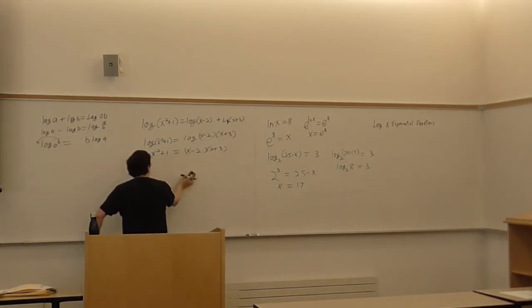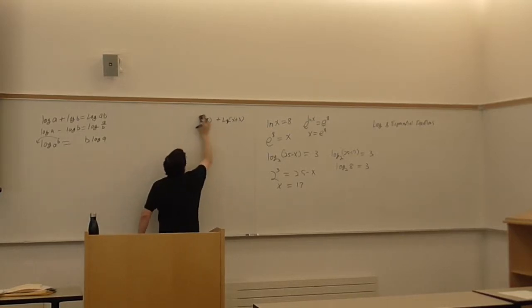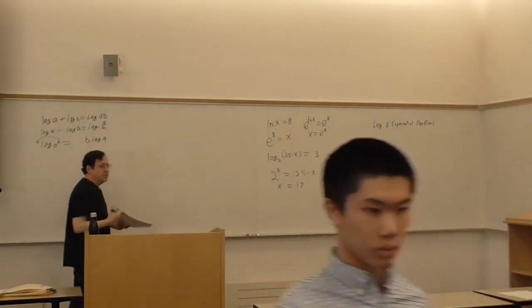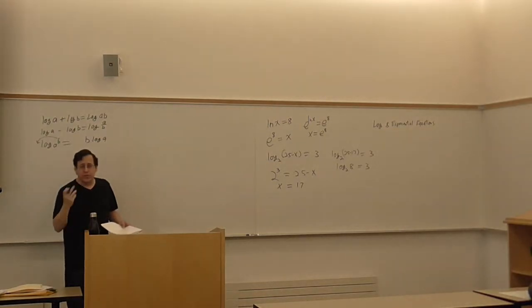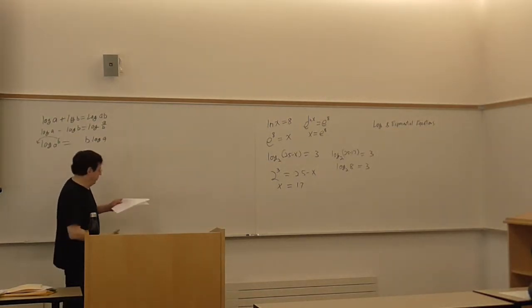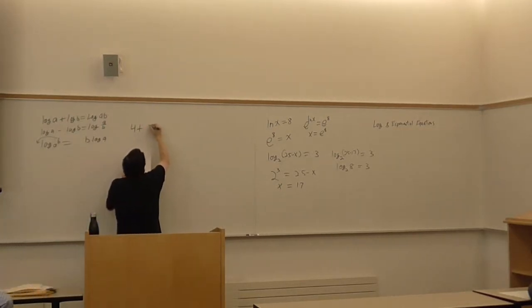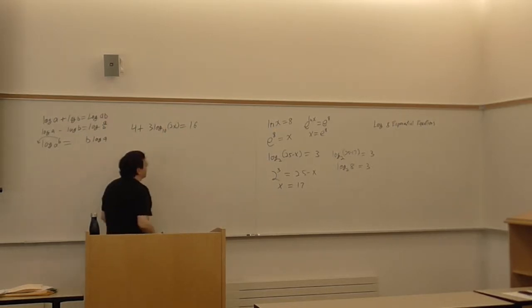One thing you might see in an equation like this is a little embellishment that shouldn't throw you, because it's just the kind of thing we do all the time when we're solving equations. You might see something like this: 4 plus 3 times the log to the base 10 of 2x equals 16.